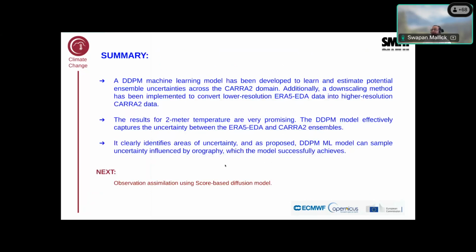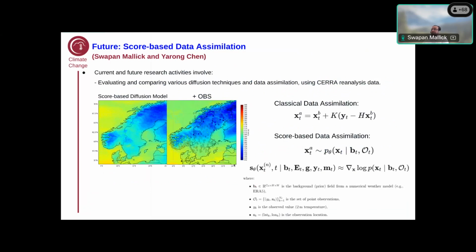The next step is to use the actual observation, which is based on the score-based diffusion model. This work we just started recently, using score-based data assimilation. Since we generated very few ensemble members and it's very expensive, we are testing with the CARRA reanalysis data, for which 40 years of data is available.